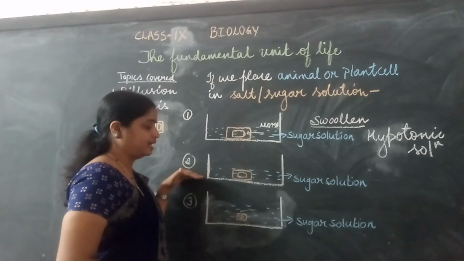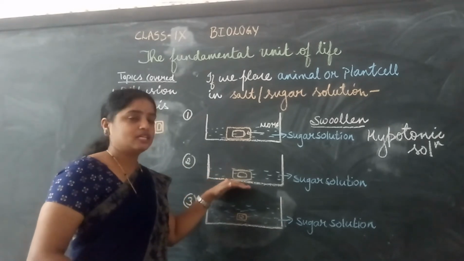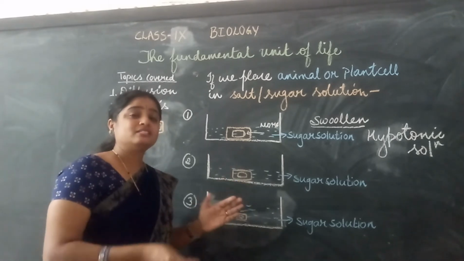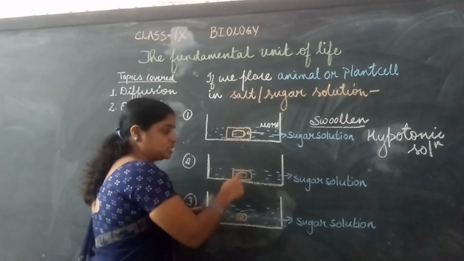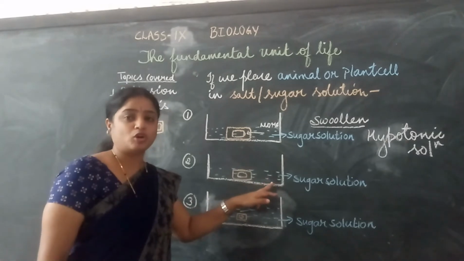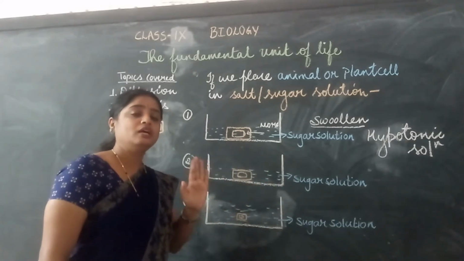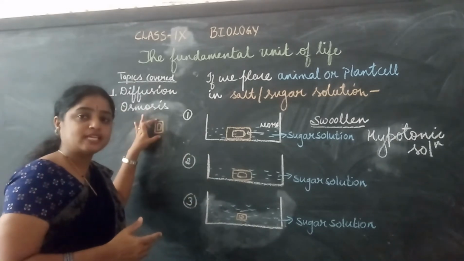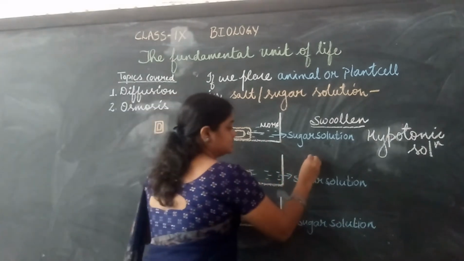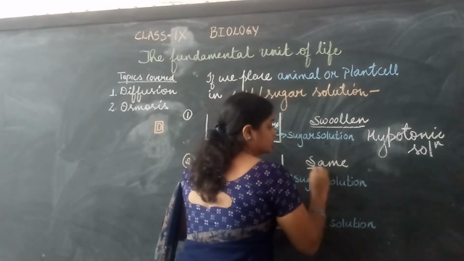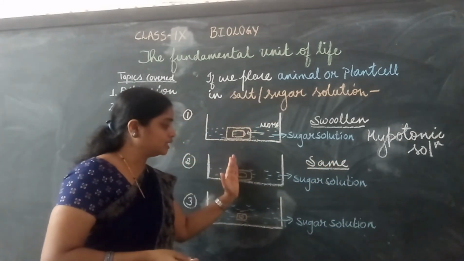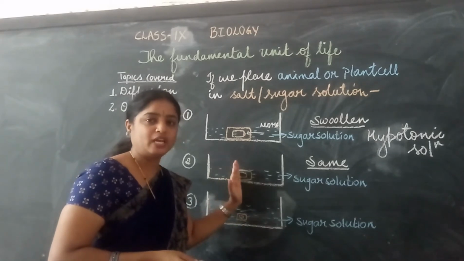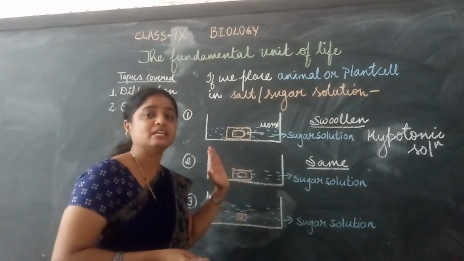Next, the second condition. Again you are placing a cell in a solution. Here the concentration of water inside and outside, in the sugar solution medium you have taken, is the same. So what happens? The size of the cell remains the same, it will not change, because the amount of water going out and coming in is the same.